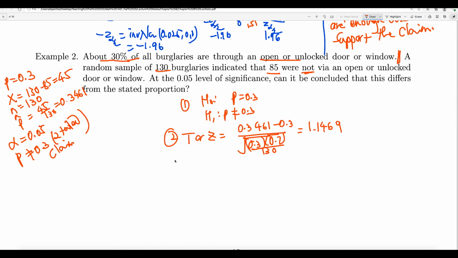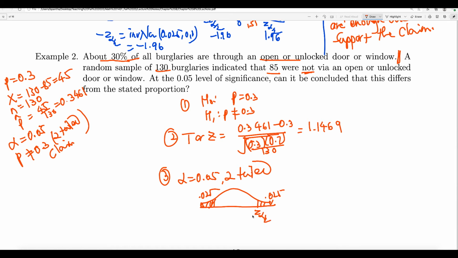Number three, the traditional method. We have alpha equal to 0.05 and it is two-tailed. You just draw it and put alpha in both sides. So alpha over 2 is 0.025 and this is also 0.025. This is positive z alpha over 2, this is negative z alpha over 2.